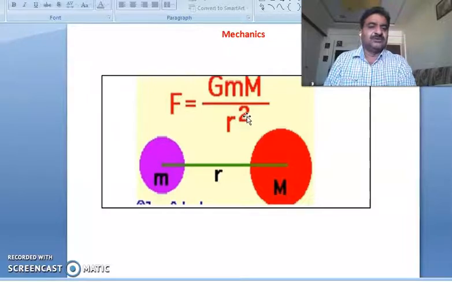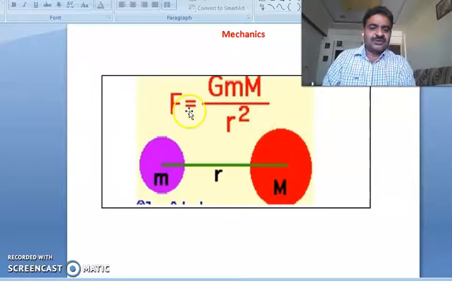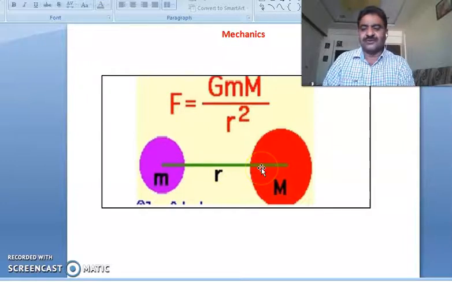It stands for the inverse variation: force is inversely proportional to the square of the distance between the centers of the two bodies. Do you agree?